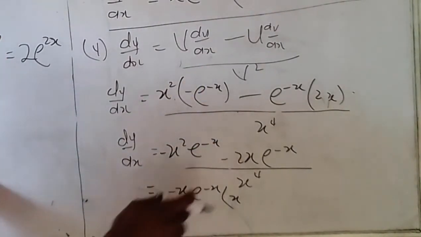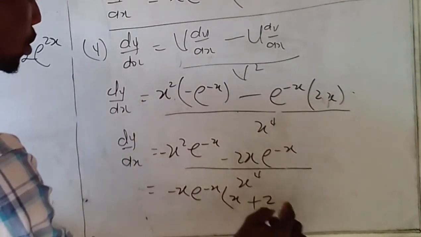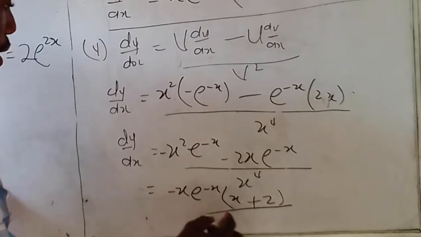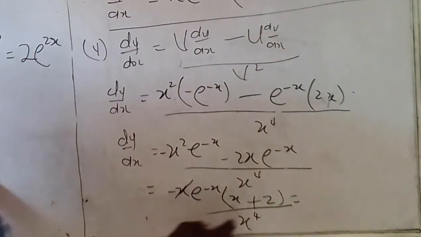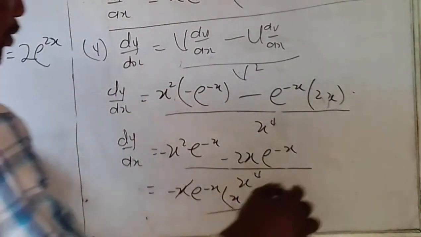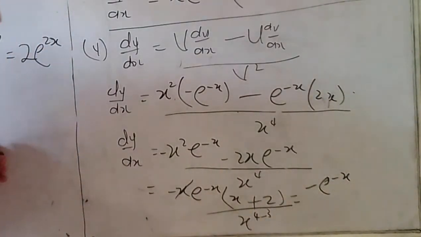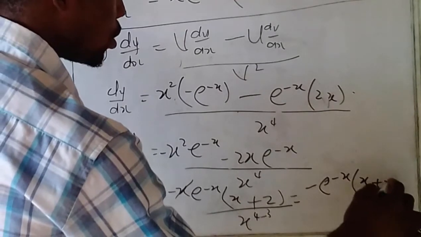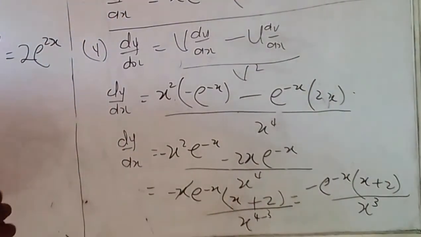This becomes plus because I brought minus out. Plus 2 over x to the power 4. Finally, this can remove one x, it remains x cubed. So we now have an answer of minus exponential minus x into x plus 2 over x cubed.